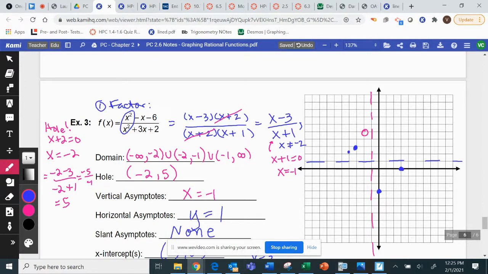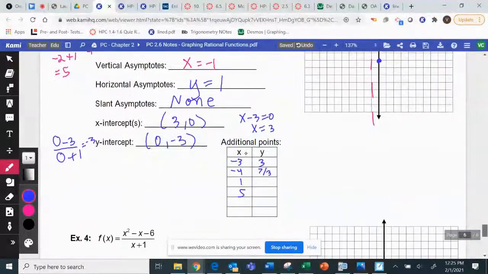Okay. On the left side, it does appear to be curving around. So I think we probably have enough information to draw this getting closer and closer to the asymptotes. On the right side, who did 1? Oh, Lena, what'd you get? Okay. And who did 5?